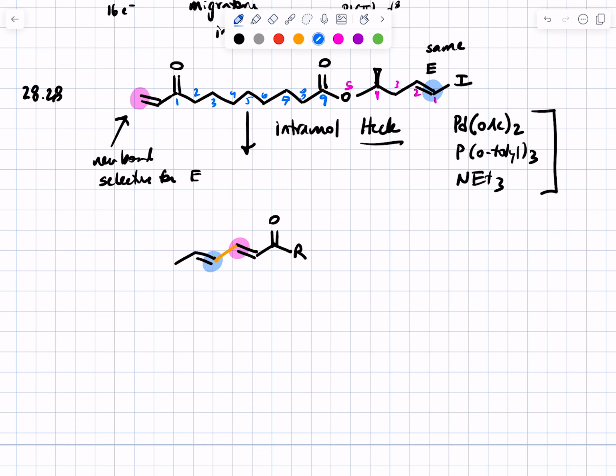This is, let's see, 1, 2, 3, 4, 5, 6, 7, 8, 9 is the ester, then the oxygen, and the oxygen is 5, 4, 3, let's go the other way. 1, 2, 3, 4, 5.